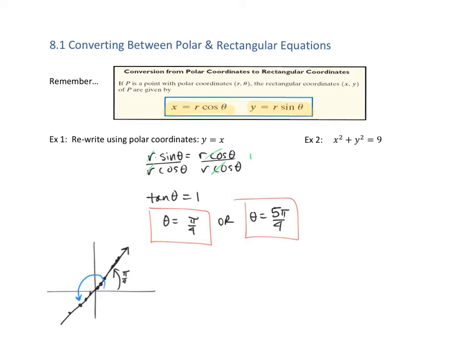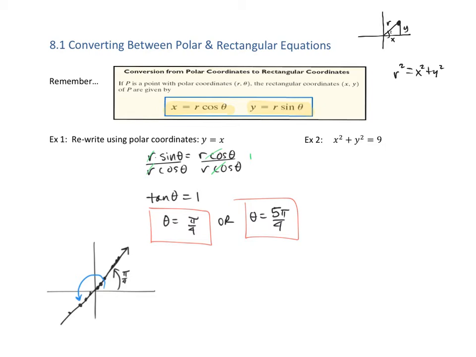Let's try this next one. So x squared plus y squared equals r squared. Because when we look at what these actually mean, if we have an x and a y, the Pythagorean theorem tells me that x squared plus y squared equals r squared.